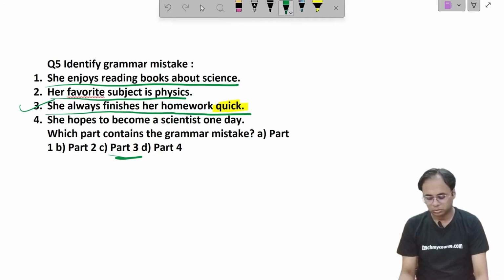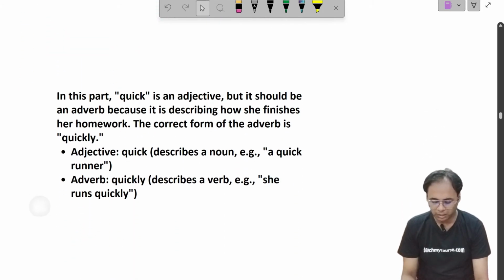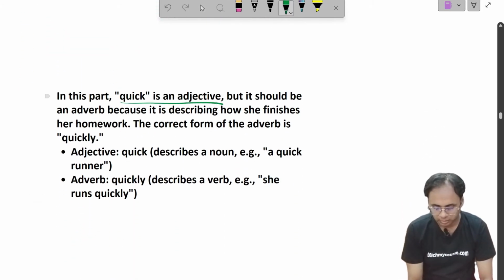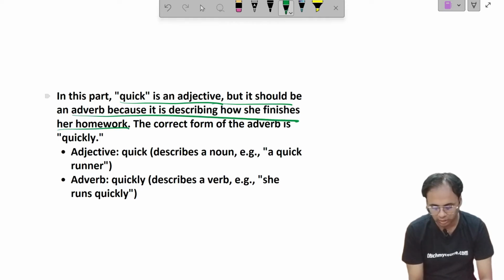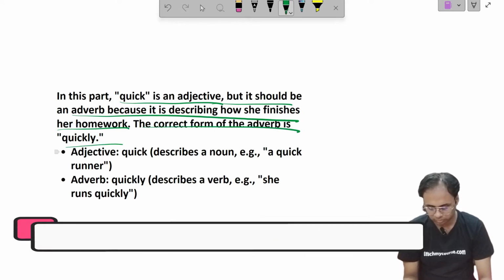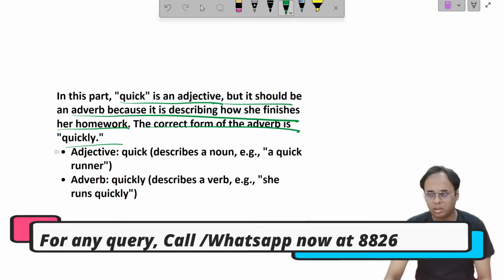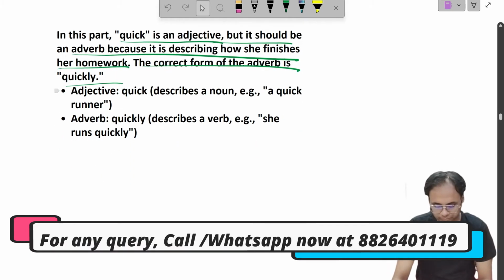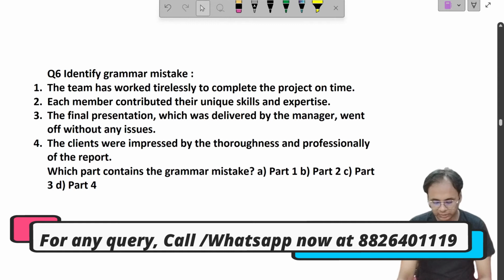Like we can see in this part, quick is an adjective, but it should be an adverb because it is describing how she finishes her homework. The correct form of the adverb is quickly. This I've already explained to you. Next is identify grammar mistake.